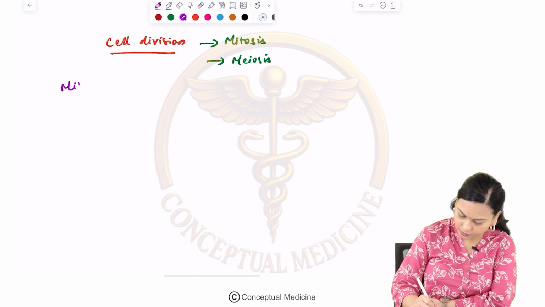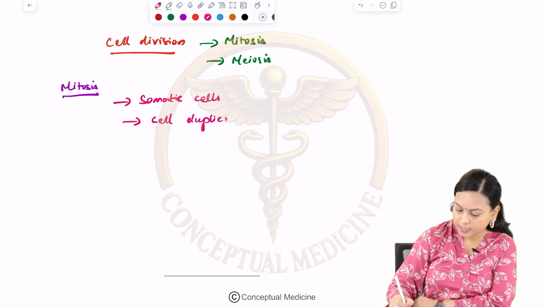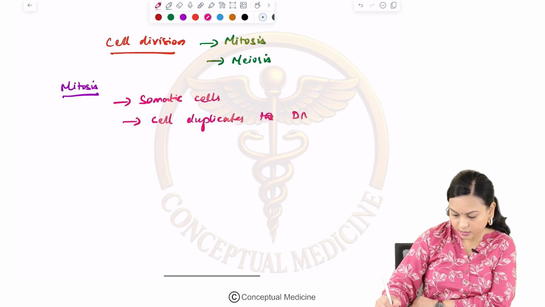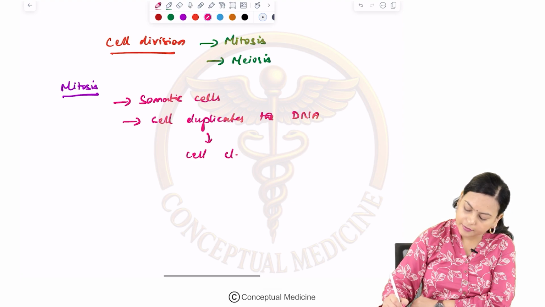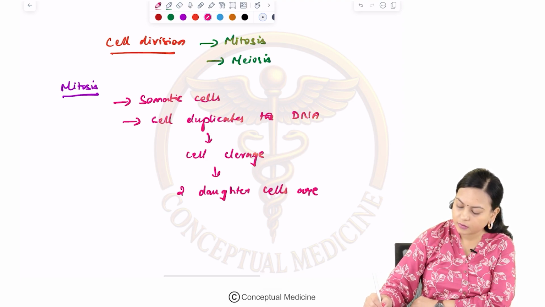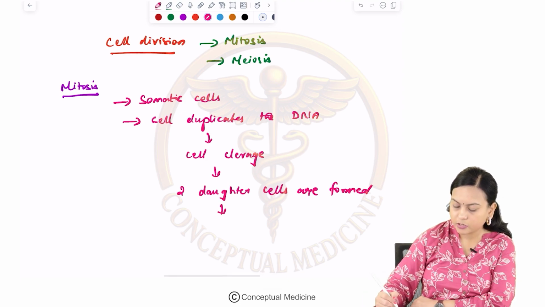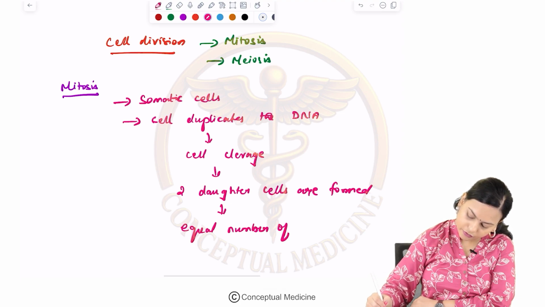Okay. Mitosis most commonly takes place in the somatic cells. What is going to happen is the cell duplicates the DNA first and then cell cleavage occurs so that two daughter cells are formed, and they are distributed with an equal number of chromosomes.